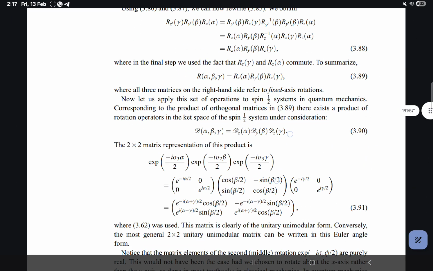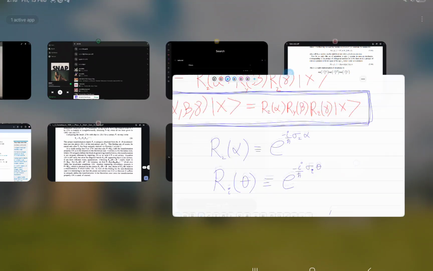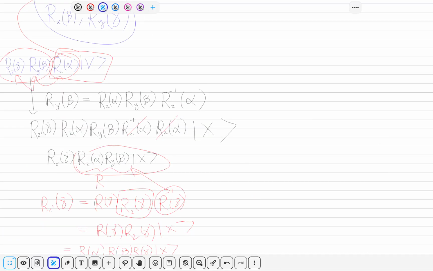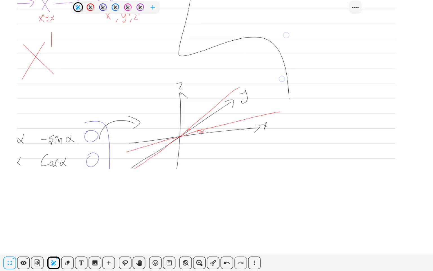So if we want to show it in terms of whatever we did with Euler angles, it would look something like this. Let's do it.